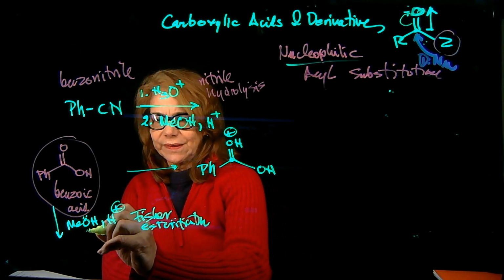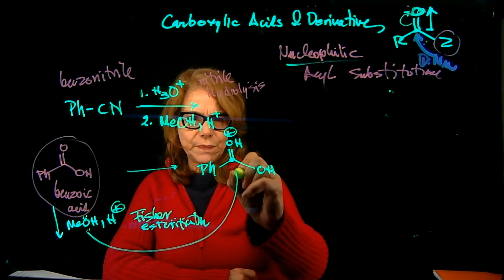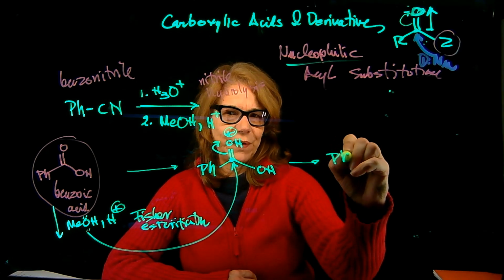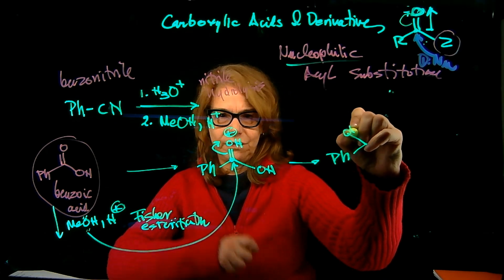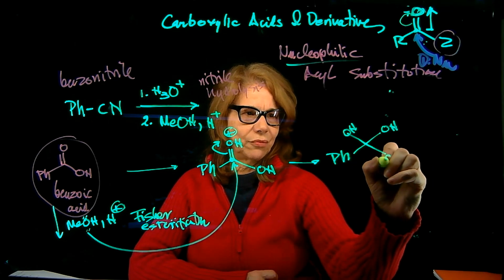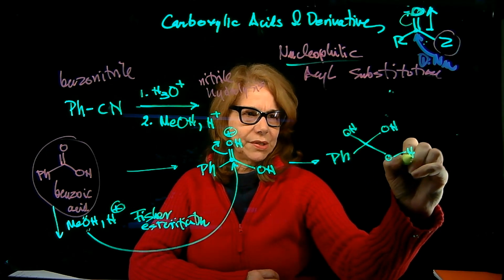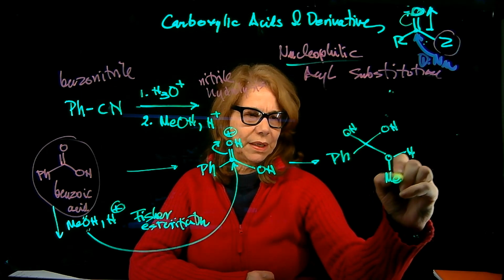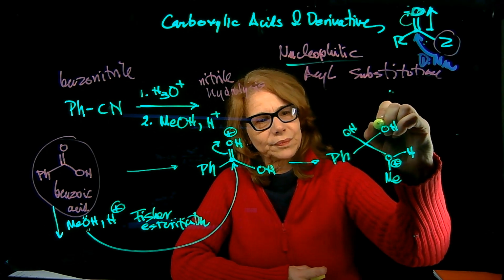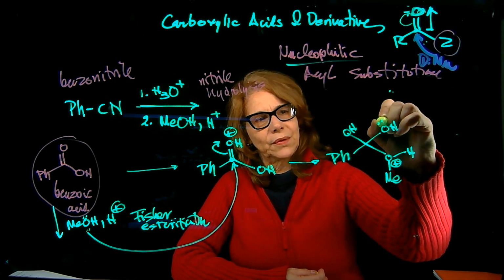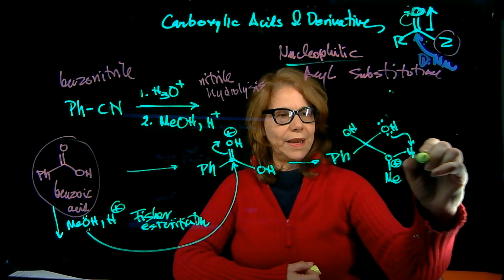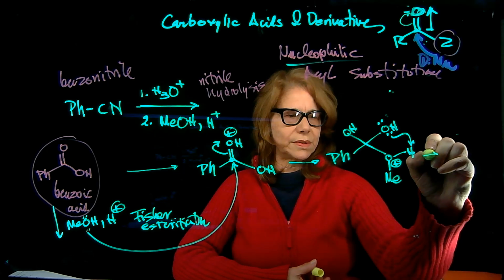So here, what is a nucleophile? The methanol. And so here you're going to have phenyl, and then this is an OH, another OH, and here I will have H and O, so that's formal positive. So you can do this, and form, so proton transfer step.